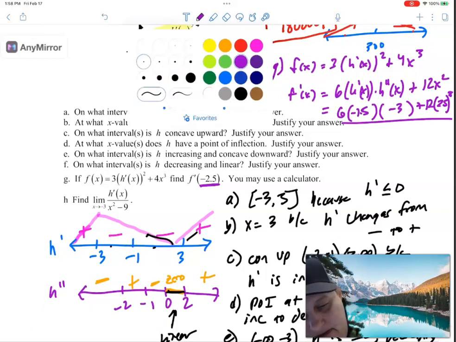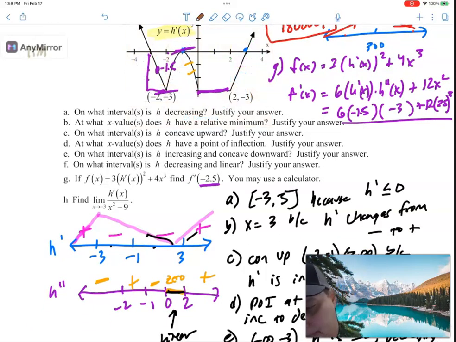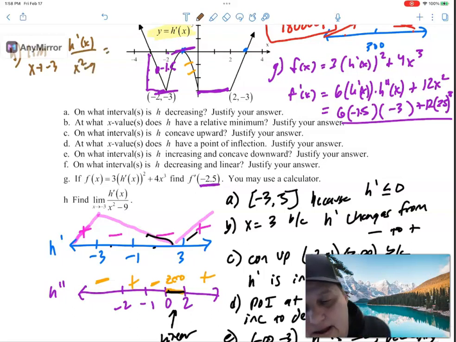And then the last one says, okay, find the limit as x approaches negative 3 of h prime over x squared minus 9. Well, if I plug in negative 3 like we usually do with limits, h prime at negative 3 is 0, and 9 minus 9 is 0.